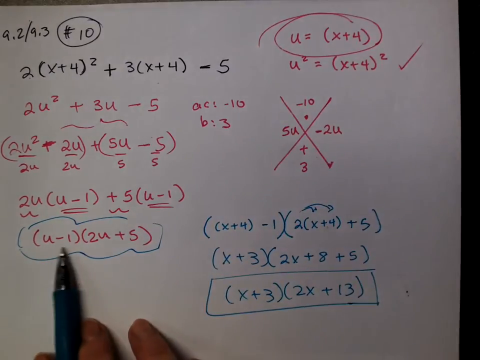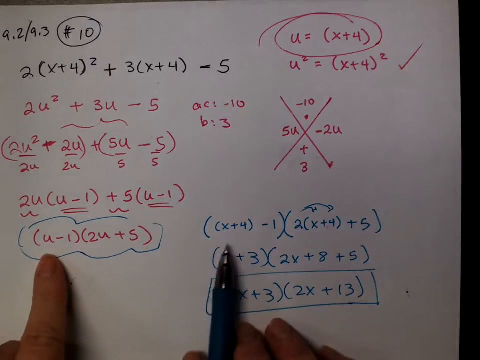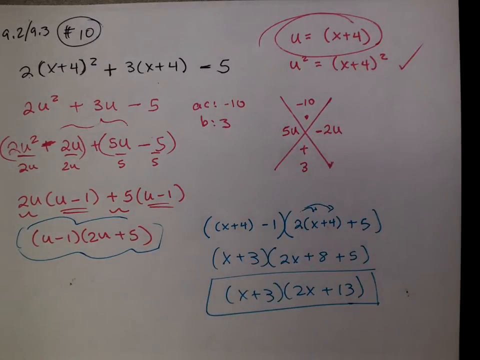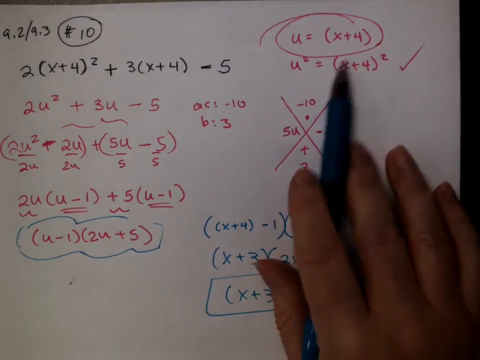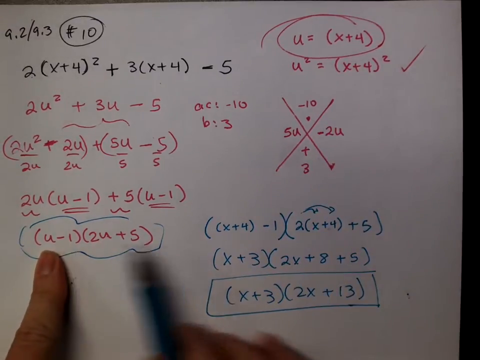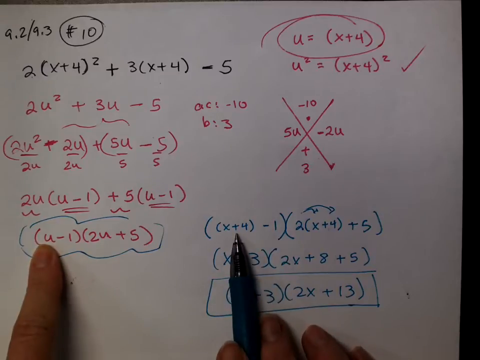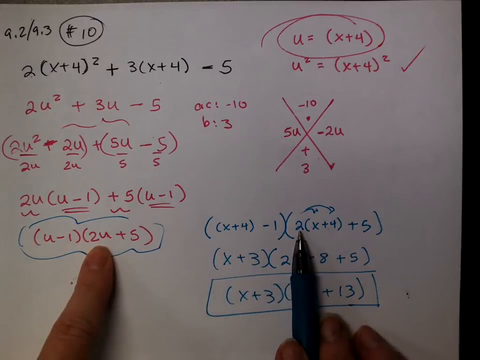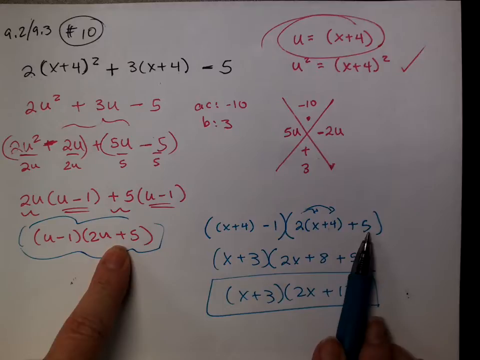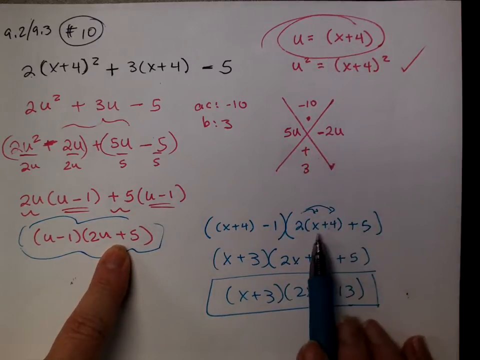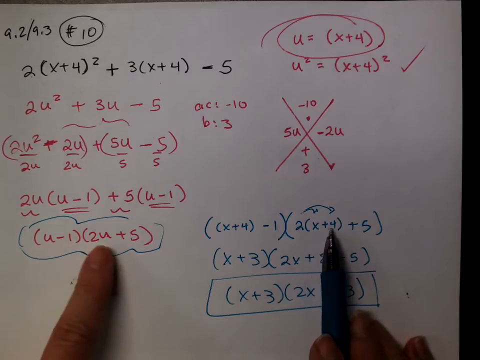So write exactly what you see here, but everywhere you see a u, and we always say whenever you make a substitution, keep it in parentheses. And this one already is. So u minus 1 is just x plus 4 minus 1. Literally taking away the u, anywhere you see a u, and this was 2u, so it's 2 times x plus 4 plus 5. These two things are equal, so you're literally just writing x plus 4 instead of u.